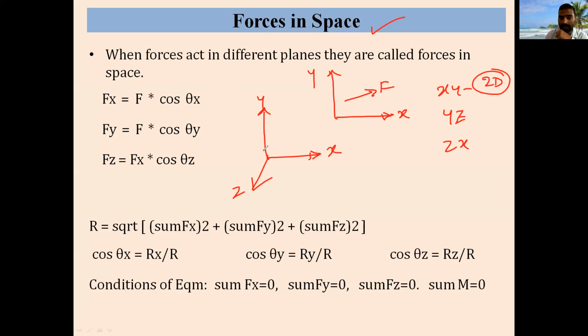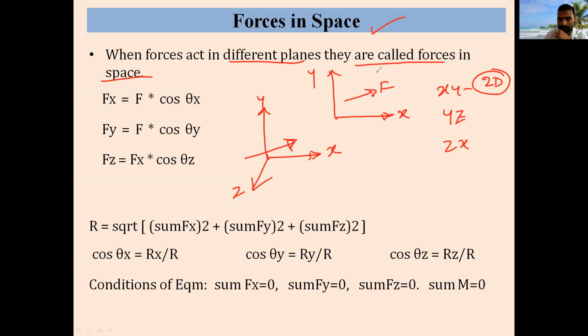If the force is in this direction, then you have to determine the components along each direction. When the force acts in different planes, not in one plane, then they are called forces in space. If the force acts in one plane, then that is plane. If the forces are acting in different planes, then it is called space.